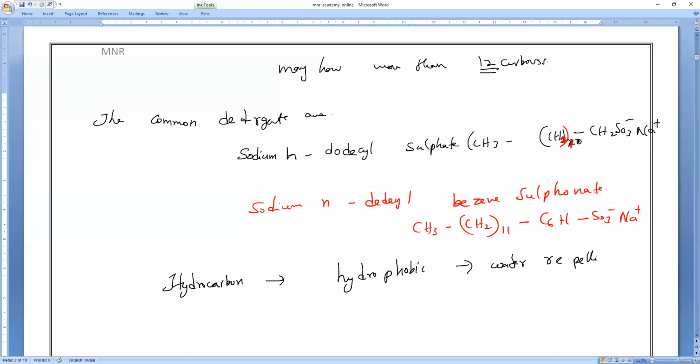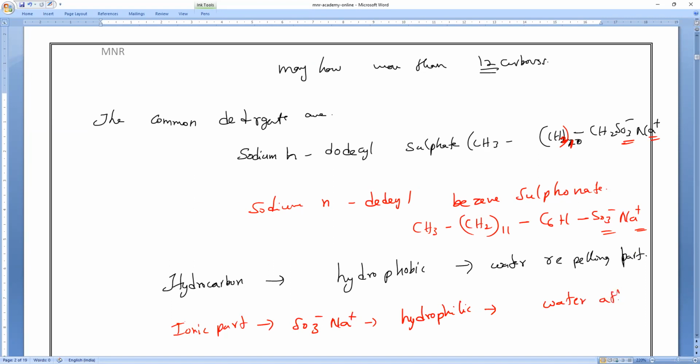Water repelling means it is attracting towards dirt. Next, the ionic part, SO3 minus Na plus, which we call the hydrophilic part, which is a water attracting part. That is how it is in soaps and detergents.